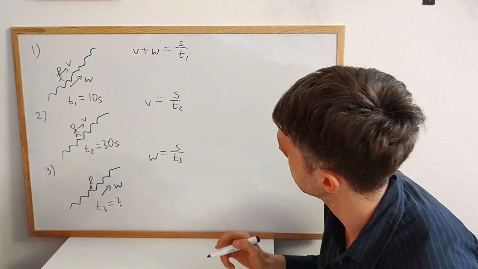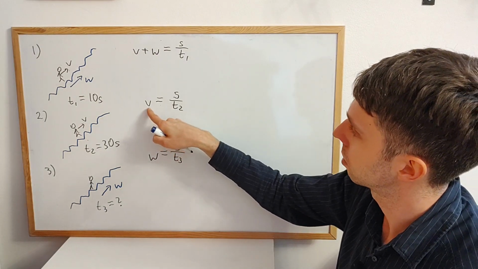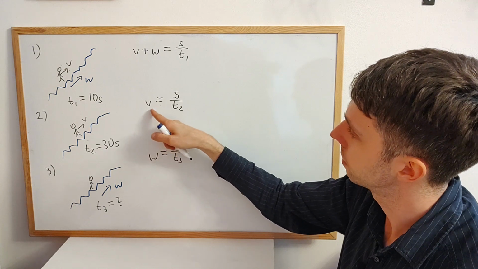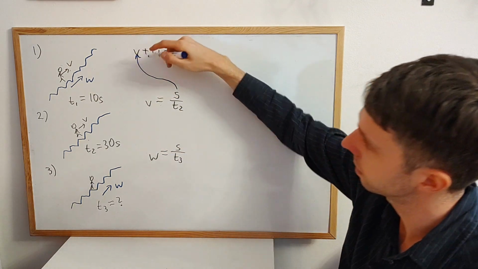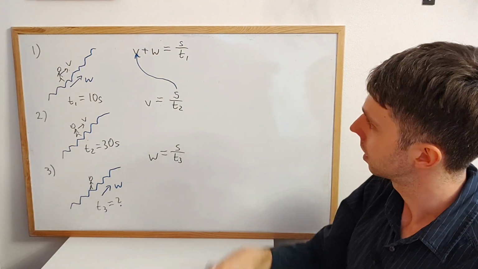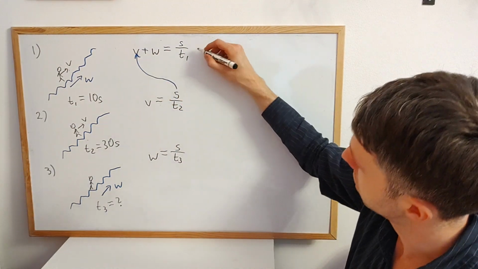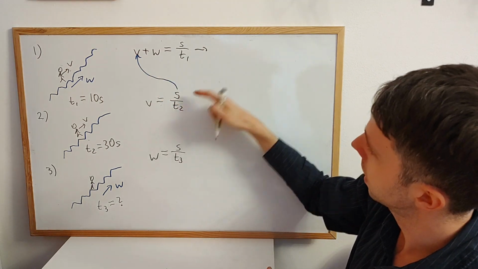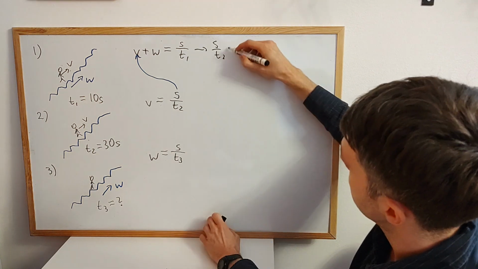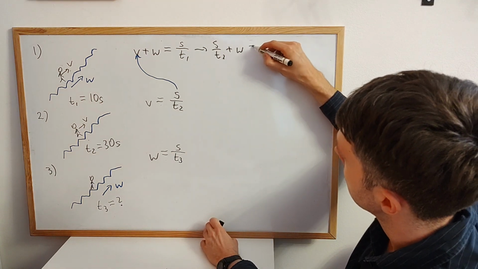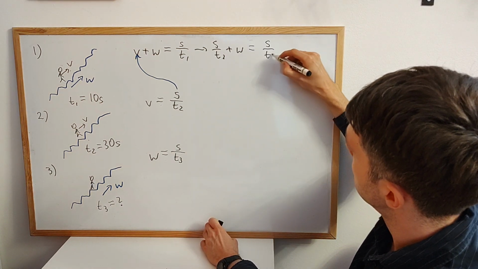The smart way would be to see that here we have v equals something, so we can plug this in for v here. So I rewrite the first equation, and instead of v I have s over t2, plus w equals s over t1.